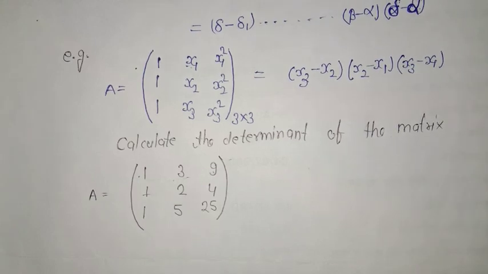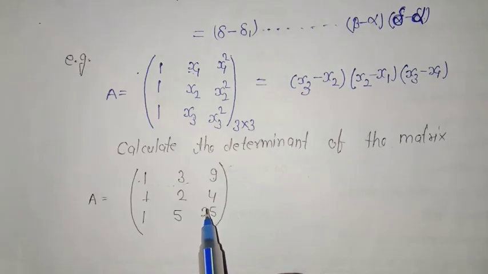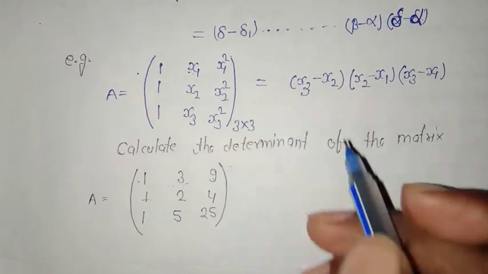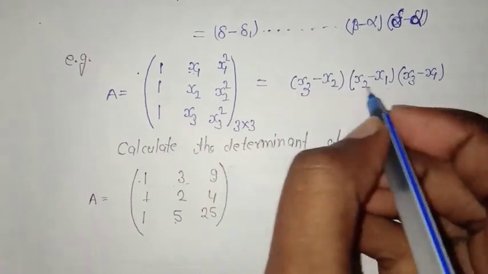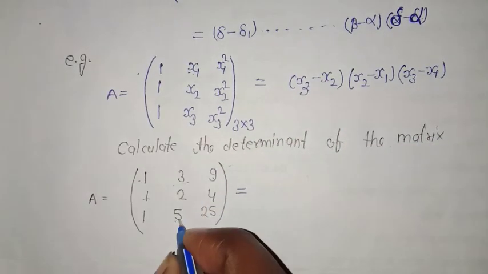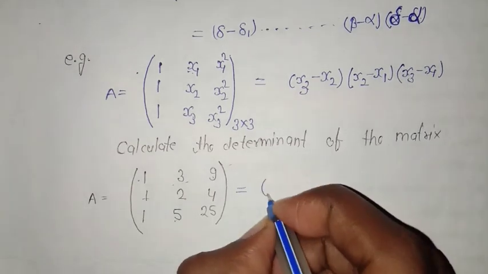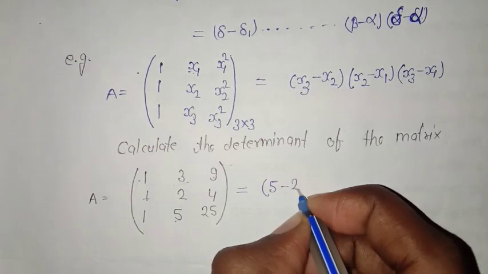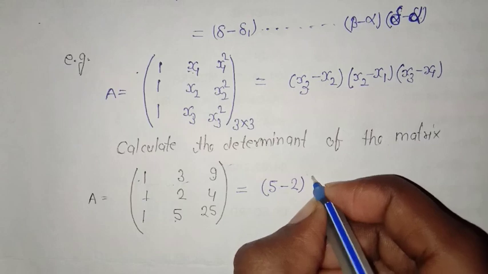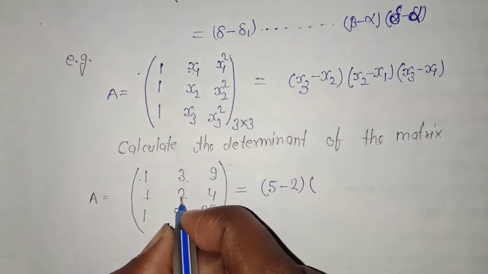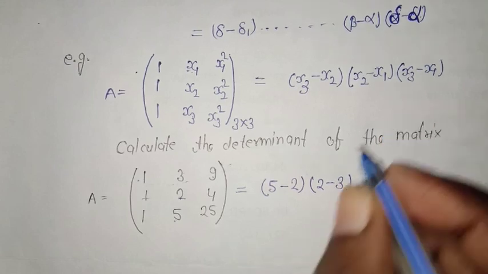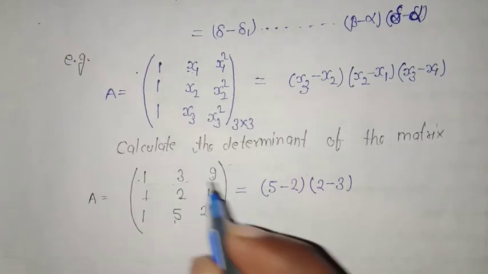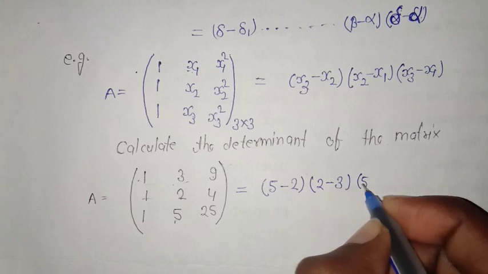So in order to find the determinant of this type of matrix, we have to use this property. We take the second column and apply this property, that is, the last entry minus the second last entry, that is 5 minus 2, into the second last entry minus the first entry, that is 2 minus 3, and x3 minus x1, that is 5 minus 3.